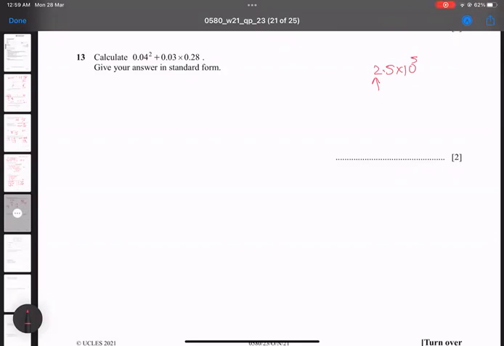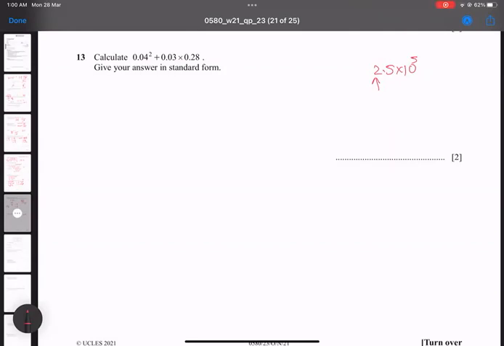Have a look. First of all, because it is a 2 mark question, calculate. You can type it in directly, even in the calculator. Because it says give your answer in standard form, but sometimes the calculator does not show standard form when you type it. Let's see if the answer comes in standard form or not.